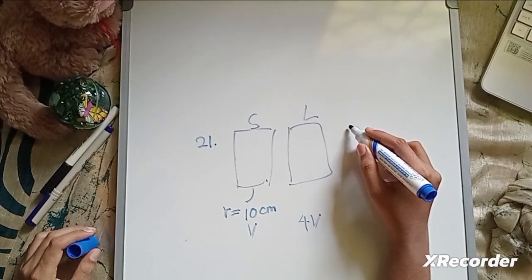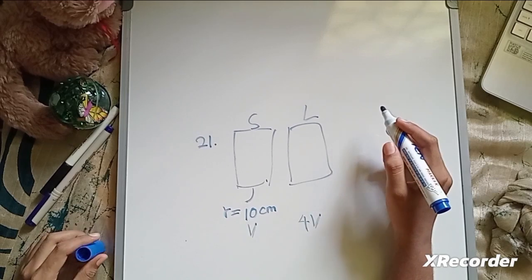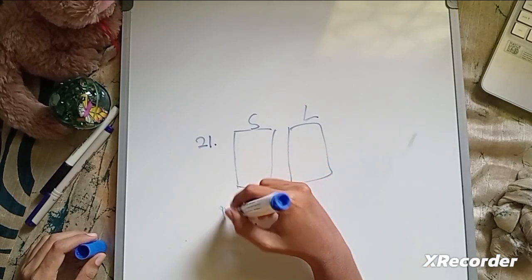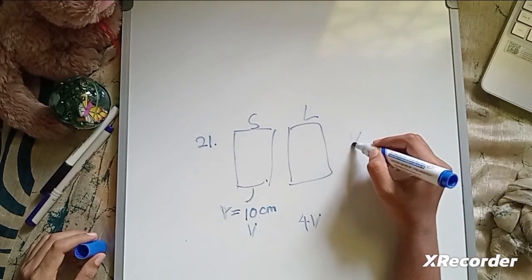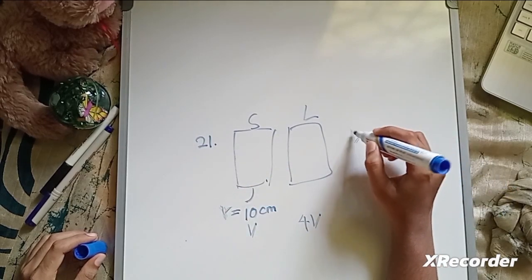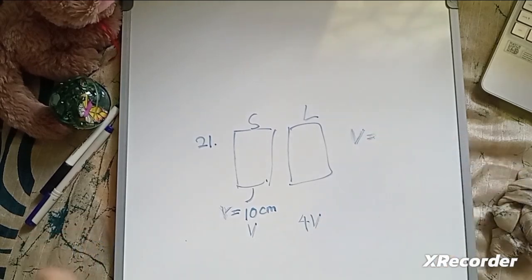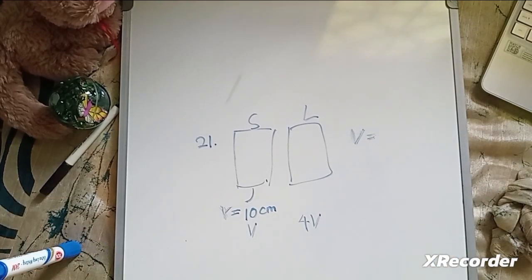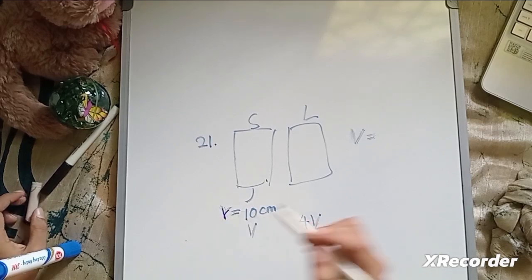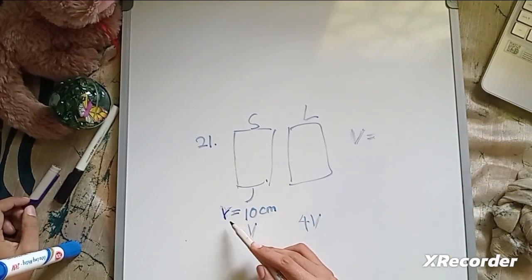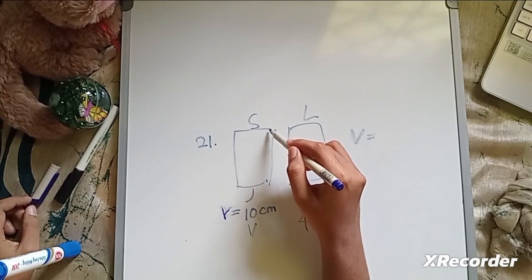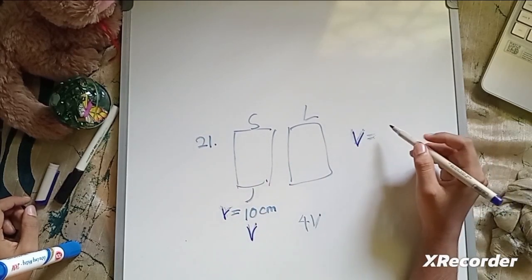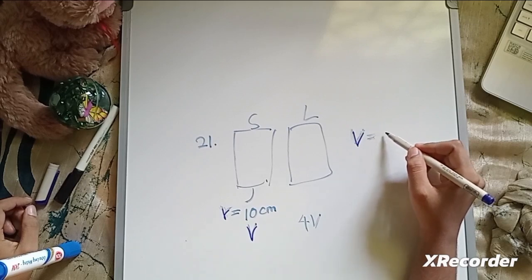Since we know r of the smaller cylinder, we can find the value of V, the volume of the small cylinder.